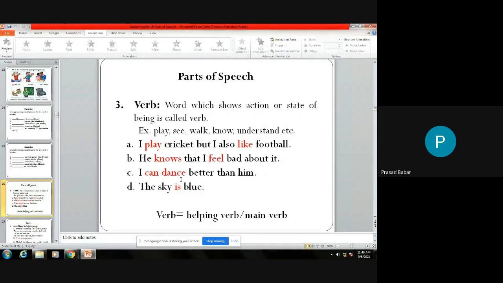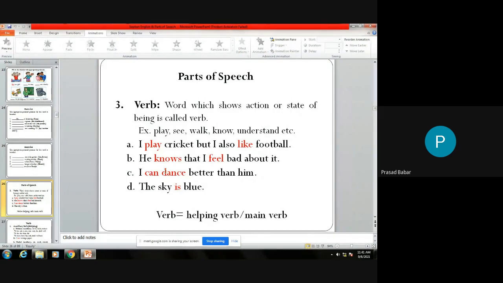Then the next example is, I can dance better than him. So here can and dance, these are the two words which show action, the action of dancing. That is why these are called verbs.